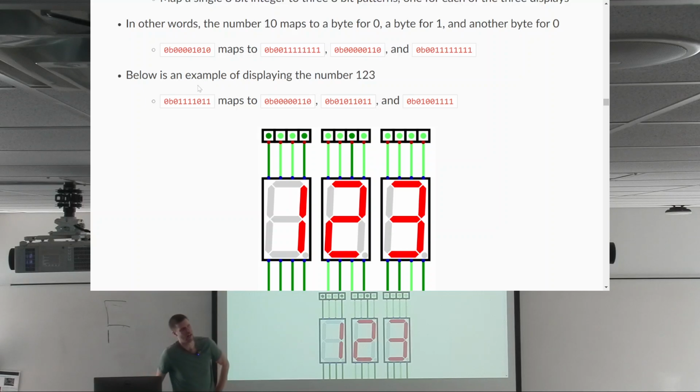So, if I have a total of 256 numbers, I need a total of 256 mappings for all 3 bytes, all 3 7-segment displays.